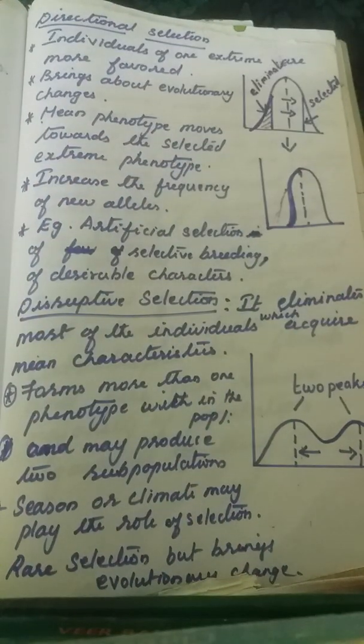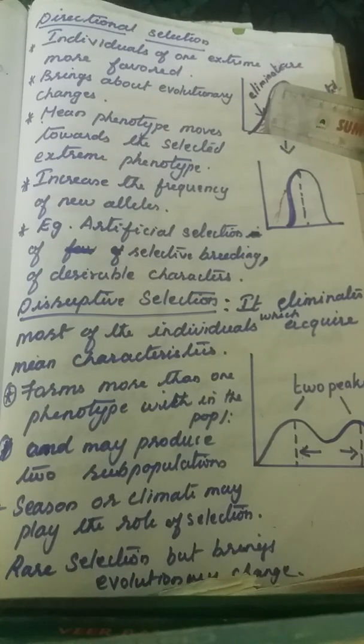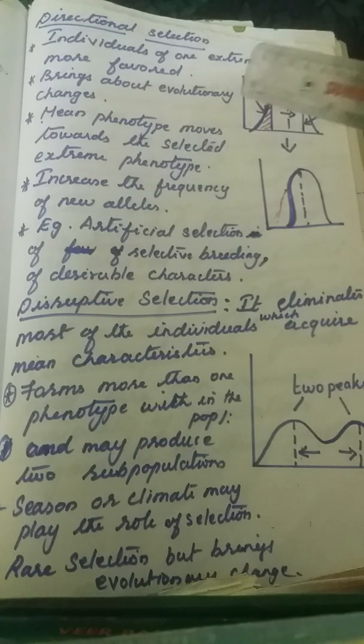What is directional selection? From the term itself you can understand. Individuals of one extreme are more favored. This is the mean, and these are the two extremes. The organisms found in this extreme are selected, whereas the organisms found in the other extreme are eliminated.